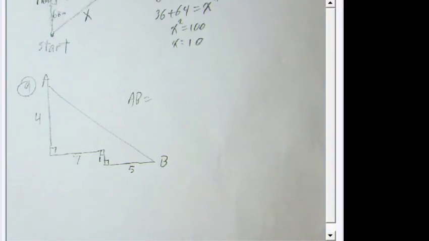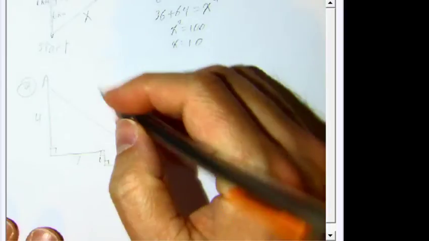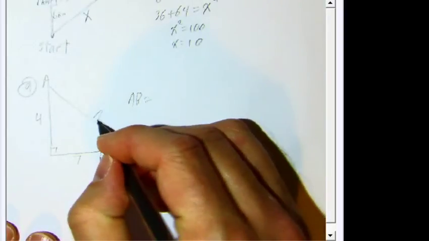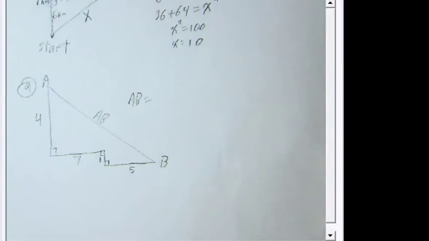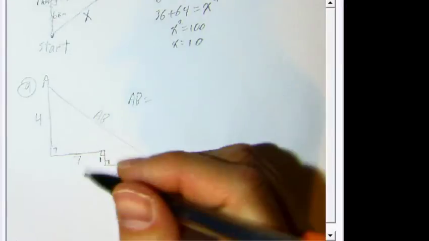Okay, so this problem is a pretty interesting problem, I think, because you have to figure out the length of this full side of the triangle and this full side of the triangle. And then from that, you'll be able to calculate this, because this, AB, is our hypotenuse. So here's what we do.